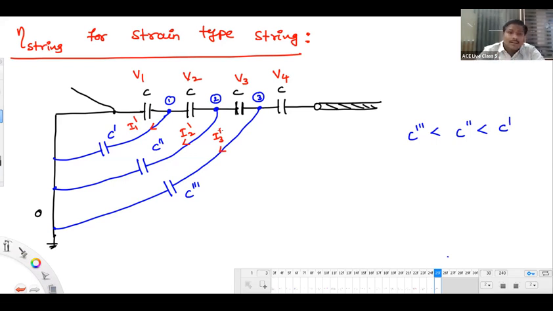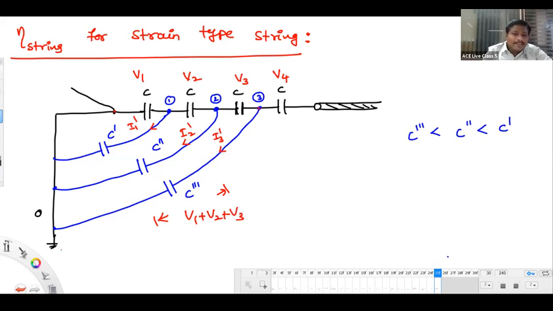That's it. What will be the voltage across C triple dash? C triple dash means between 3 to tower, right? 3 to this point means what? V1, V2, V3 summation, V1 plus V2 plus V3.